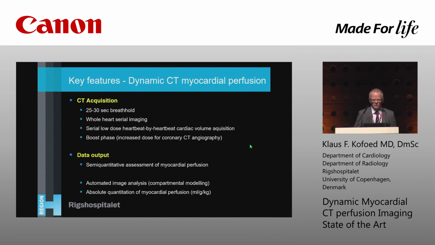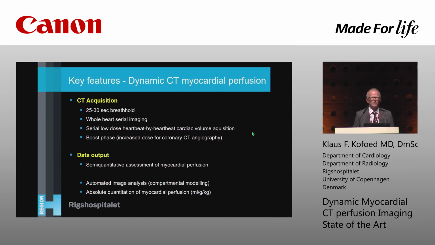And the key features, just listing them here: the breath hold is somewhat long compared to what we normally do. For the Canon scanner, you can do whole heart imaging, which I think is very important. How that is worked out, if you need to do several acquisitions at each time point, I have no experience with this.